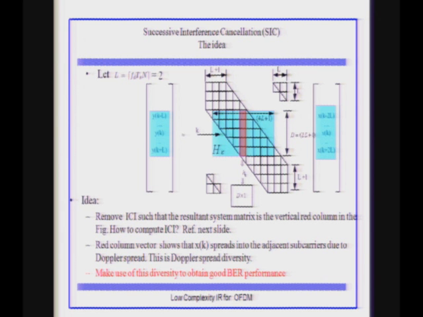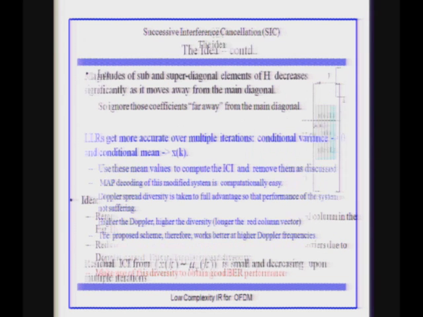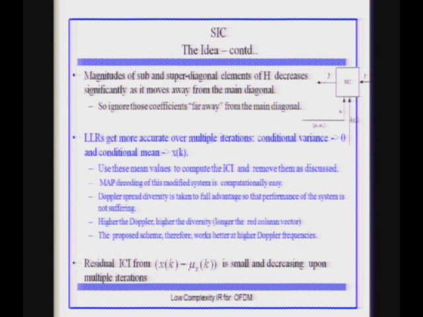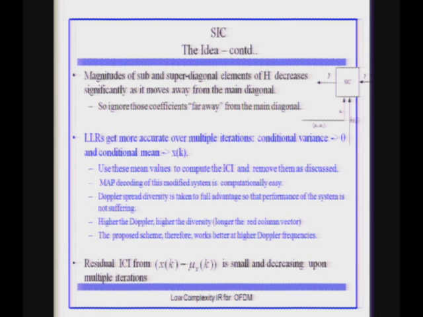That is how we remove the ICI using the symbol mean values. Whatever is coming, that Y tilde, is the ICI-removed signal, and from that you can easily compute the LLRs and do a MAP decoder.